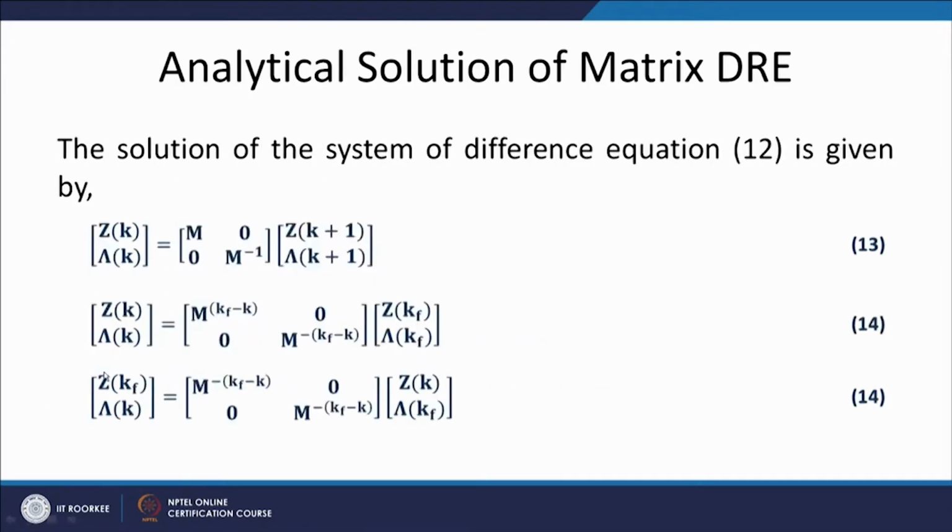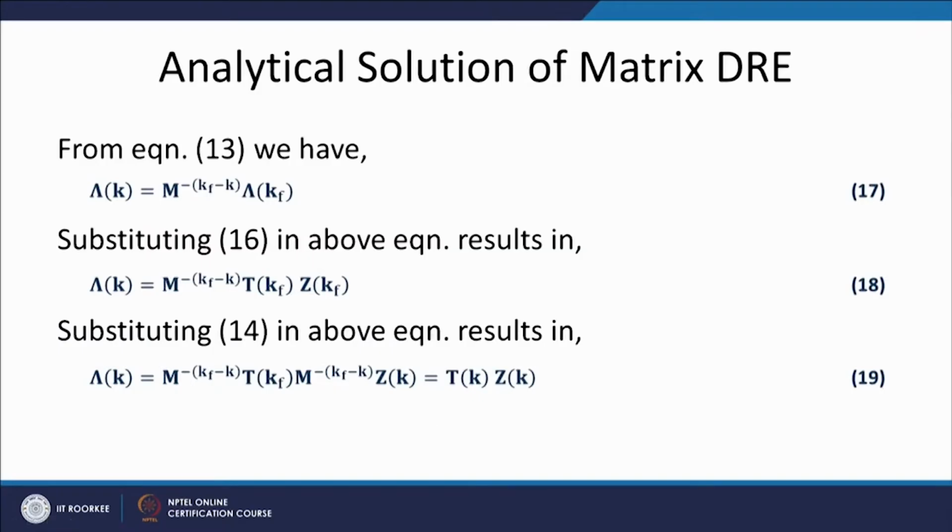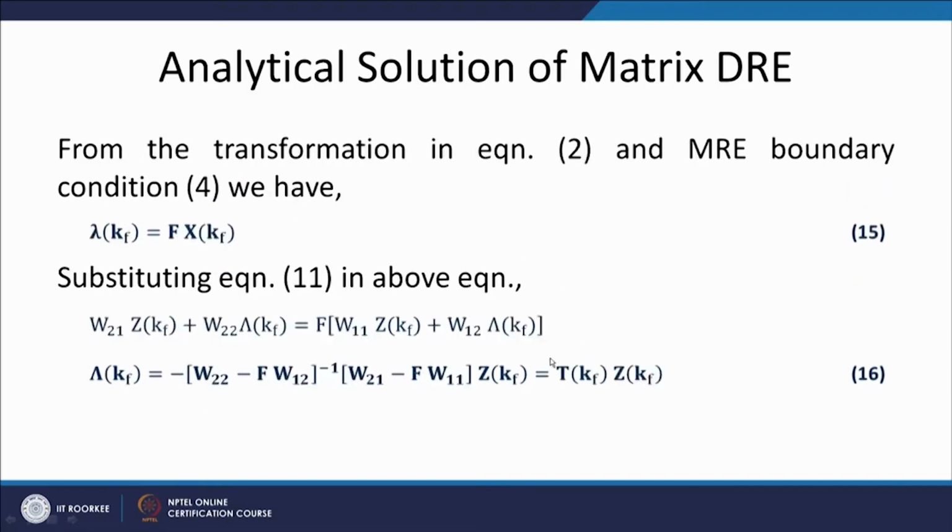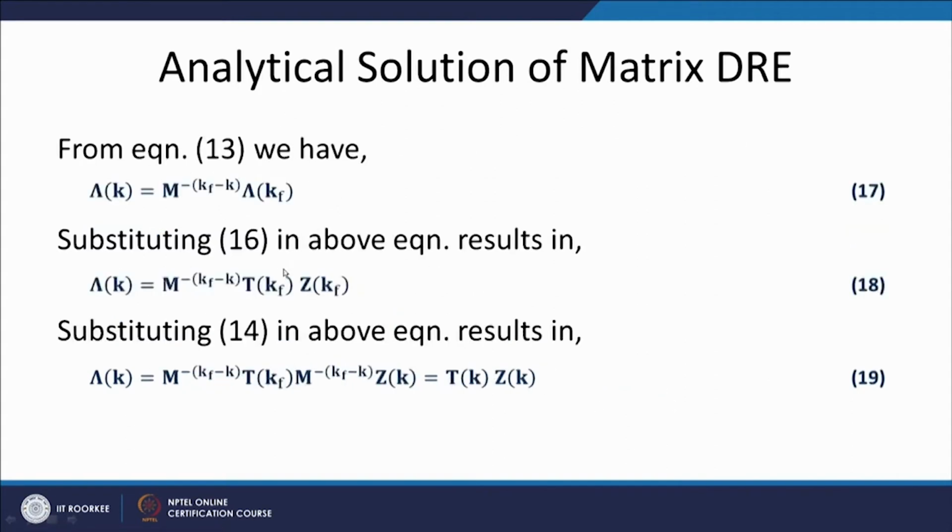Now, we are utilizing a relation given by equation 14 as z(kf) equal to m to the power minus kf z(kf) and del(k) as m to the power minus k del(kf). From this we are using the relation del(k) as m to the power minus k del(kf), and del(kf) we just have shown equal to T(kf) z(kf). So, this is m to the power minus k T(kf) z(kf), and z(kf) we have taken from our equation 14 as m to the power minus k z(k).